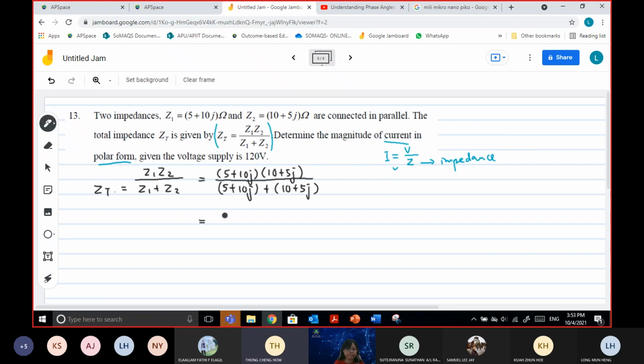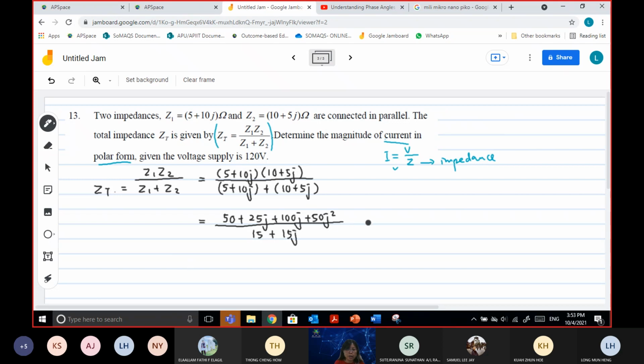Okay. 50 plus 25J plus 100J plus 50J square. The one at the bottom will be easy. It's an addition. So 5 plus 10, which is 15. 10J plus 5J, which is 15J.